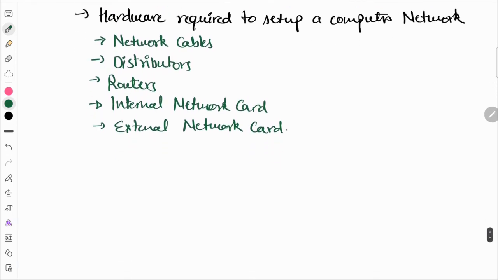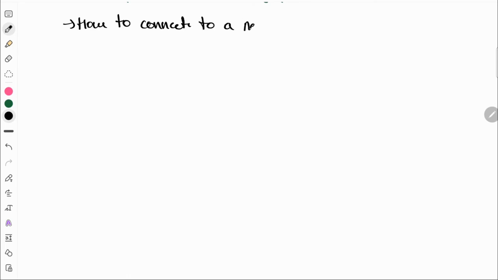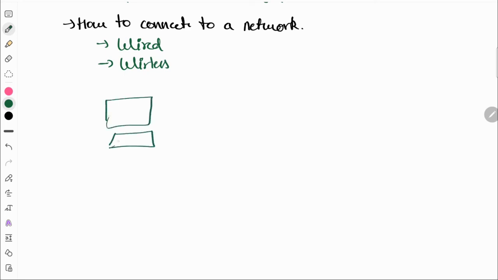How to connect to a network. We can connect to a network through two ways. First one is wired, second one is wireless. How can two computers communicate with each other? They can communicate via wire. Let's create one more.